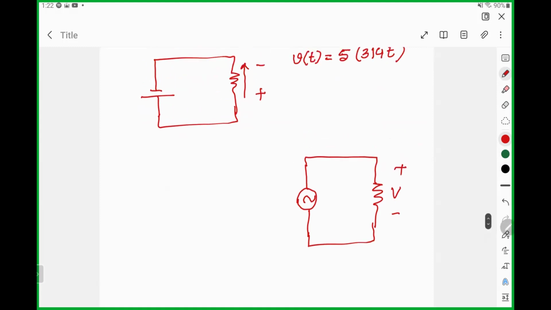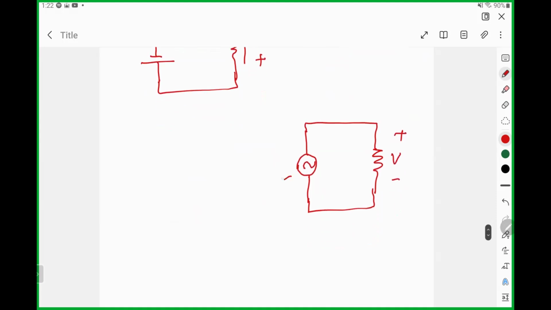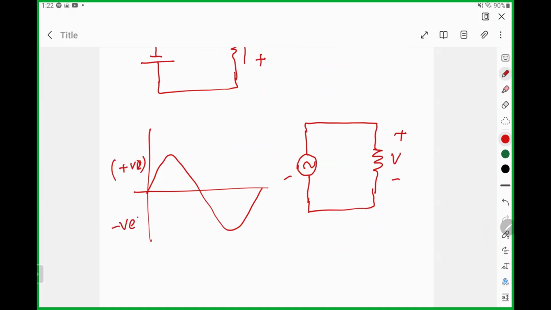Now take a look at my sinusoidal signal. This is producing a sinusoidal signal like this one. Right? So we have discussed that this will be the positive and this will be the negative. Now, the same generator is continuously changing, right?